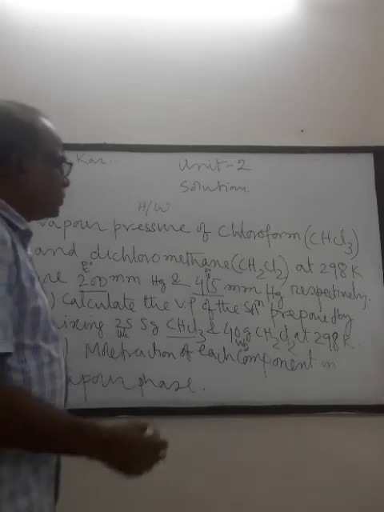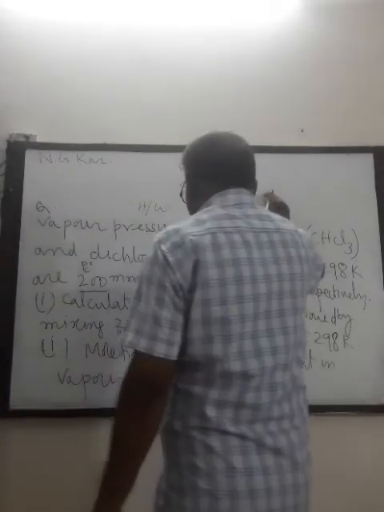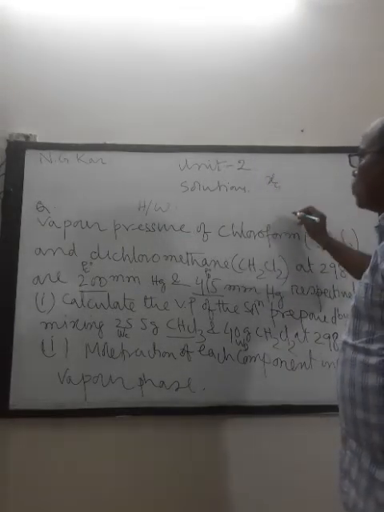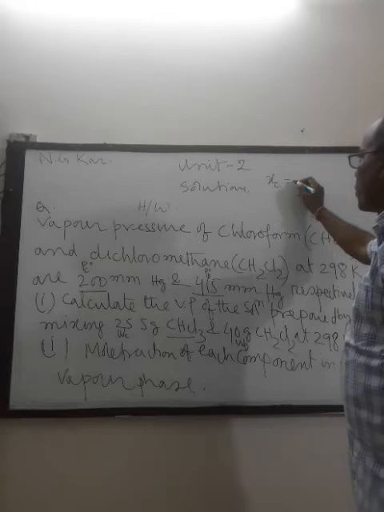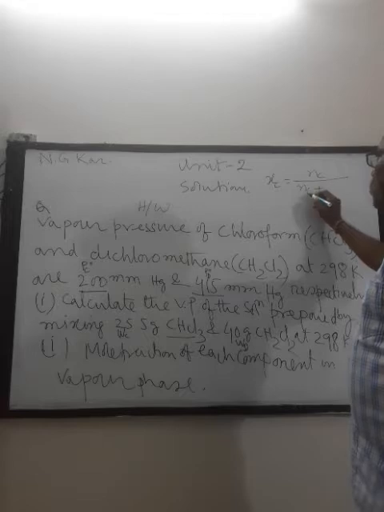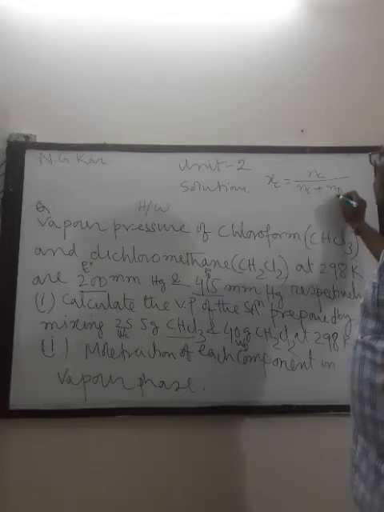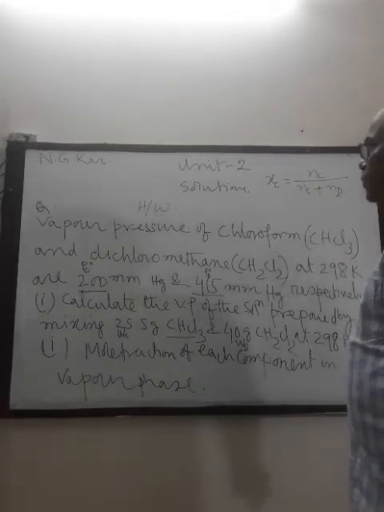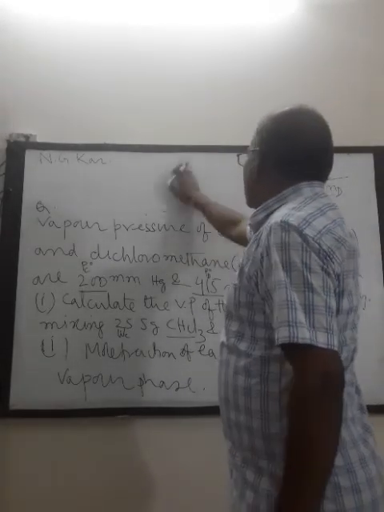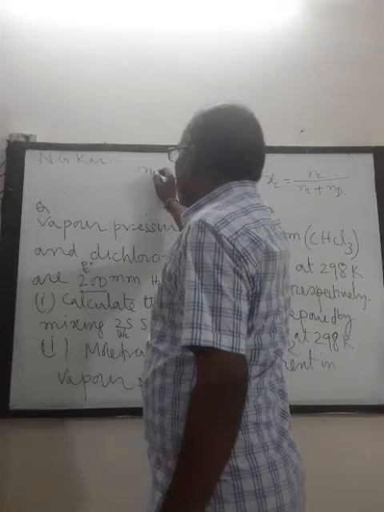So first of all, find out the mole fraction of chloroform. What is the mole fraction of chloroform? Number of moles of chloroform divided by the total number of moles of chloroform and dichloromethane. Now what is the number of moles of chloroform?